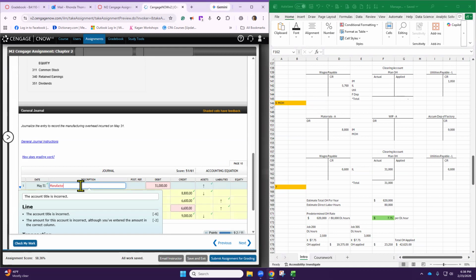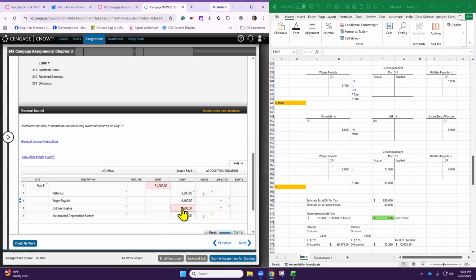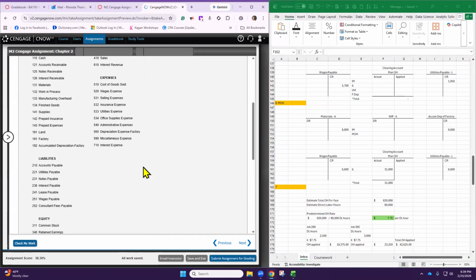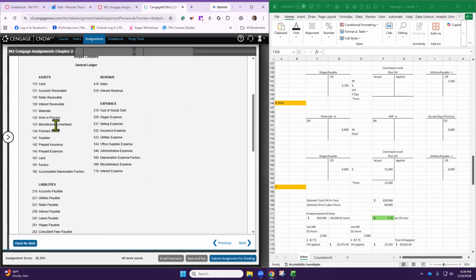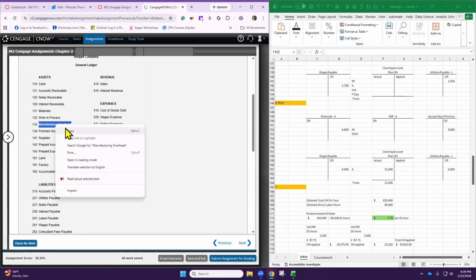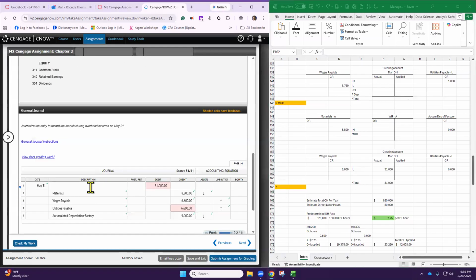Okay, hang on. Looks like we're missing something too here. So utilities payable, I'll go back and look. So manufacturing overhead.